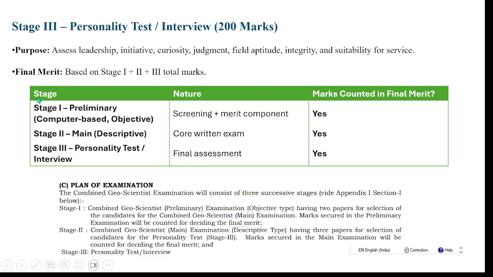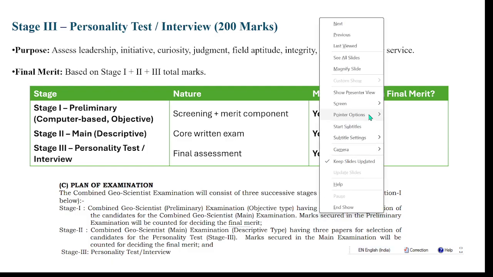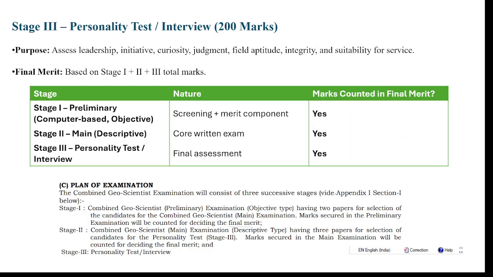So please don't be confused that stage 1 is only for screening, because on the site you will be able to see this line written over there: marks scored in the preliminary examination will be counted for deciding the final merit list. So you need to prepare for the stage 1 examination to a very high standard as well.